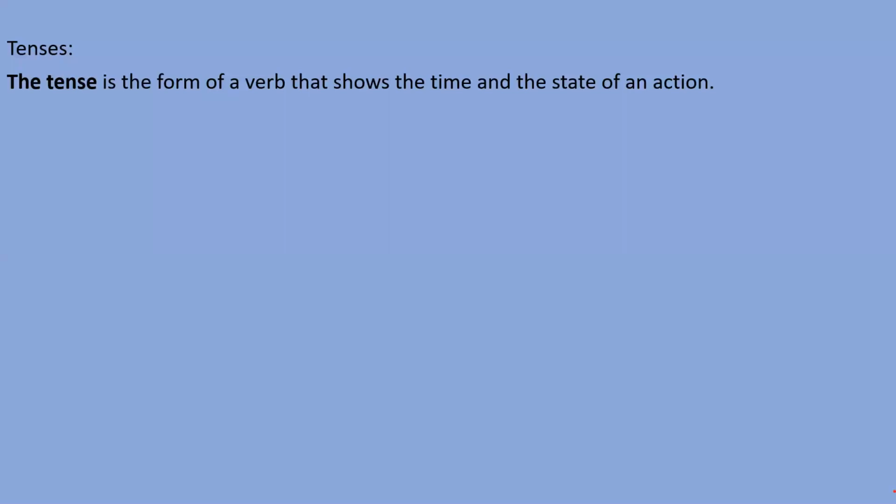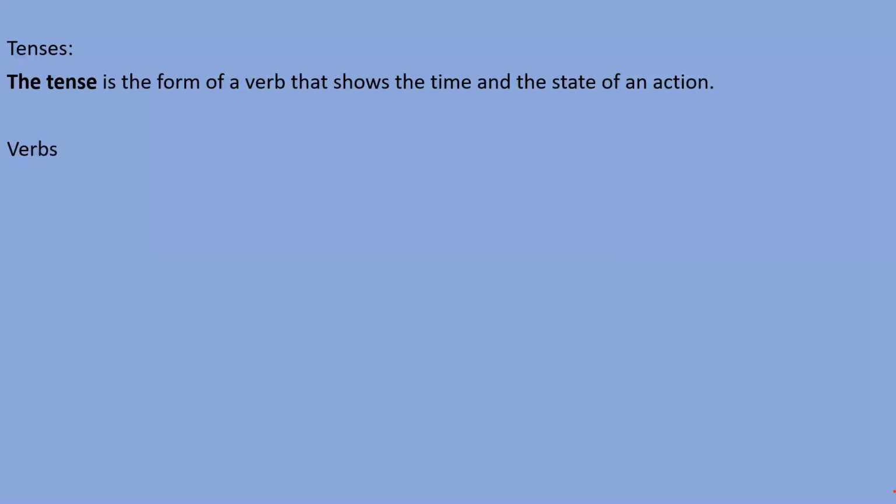Tense is a form of a verb that shows the time and state of an action. So, dear students, one point we have to understand very carefully. If we say tenses, it means we are talking about verbs. And these verbs show the time and state of action. So we get time and state by the help of tenses.